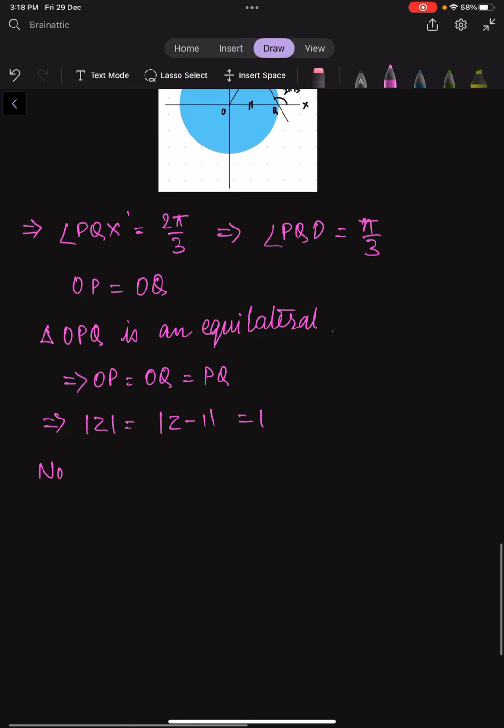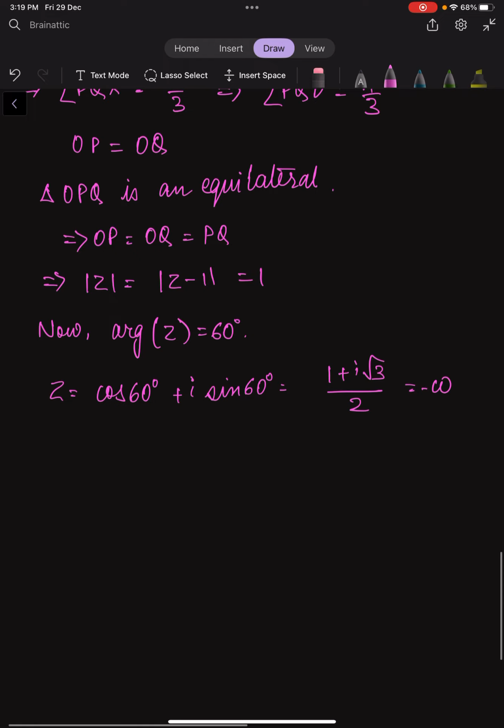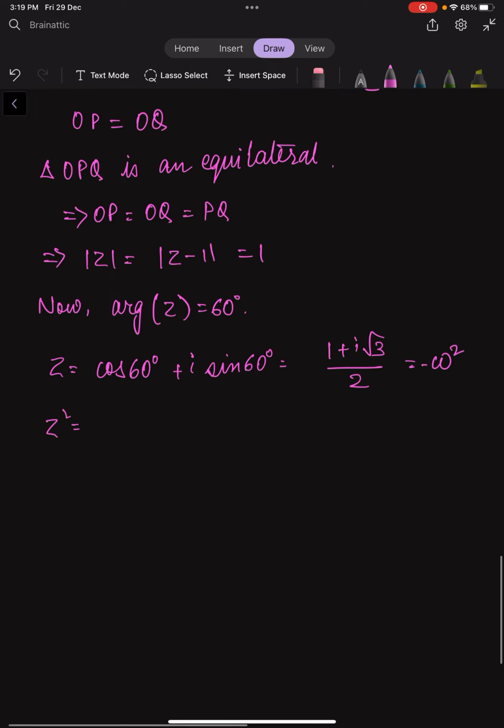Now argument Z is equal to 60 degree. We are seeing this, right? So Z is equal to cos 60 degree plus iota sine 60 degree, and this we know as minus omega square. Therefore, Z square is equal to omega power 4, which is nothing but omega.